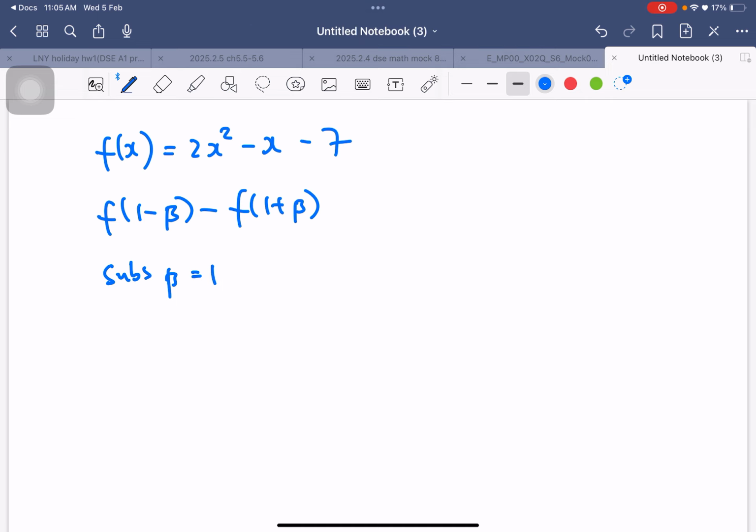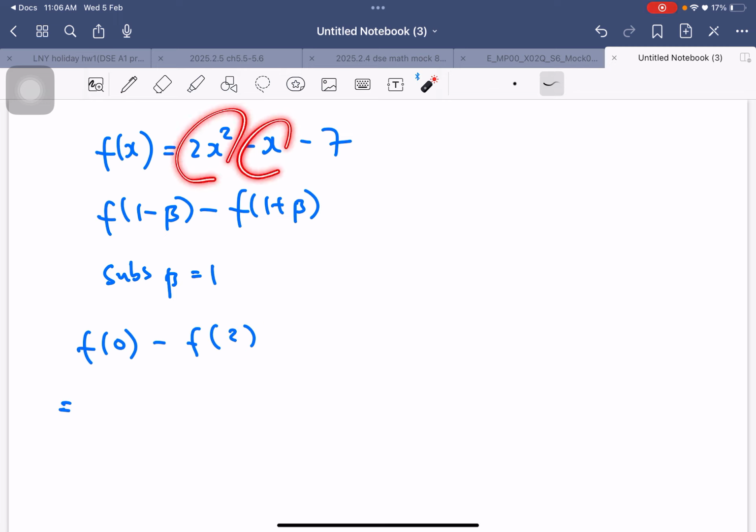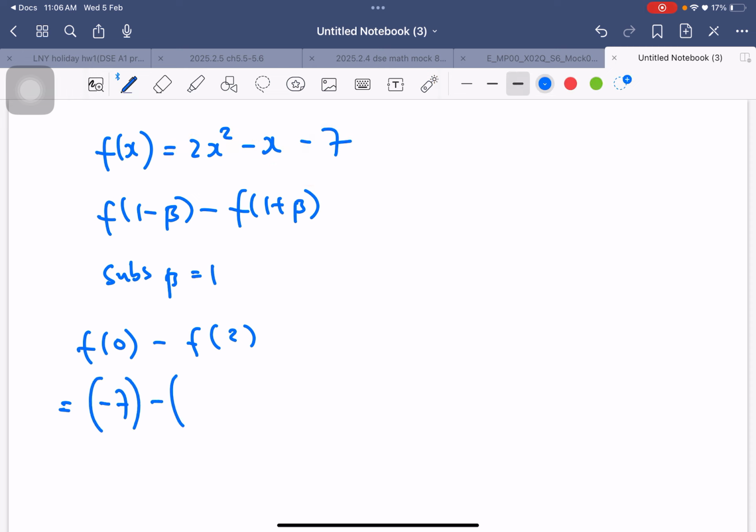So you substitute β equal to 1. Then we have f(0) − f(2) is equal to −7 minus, you substitute 2, then you have 2 times 2² giving you 8 − 2 − 7. So use your calculator, you have −7 − 1 giving you −6.